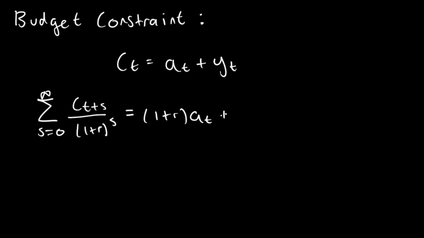And now for income that they are given in every single period, it's not just going to be the interest rate multiplied by income, because we are given income in every single period.